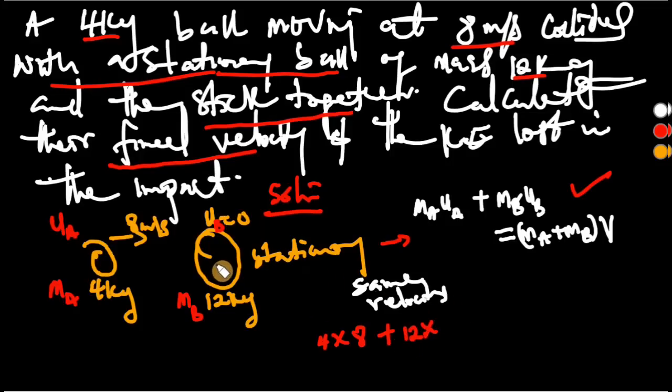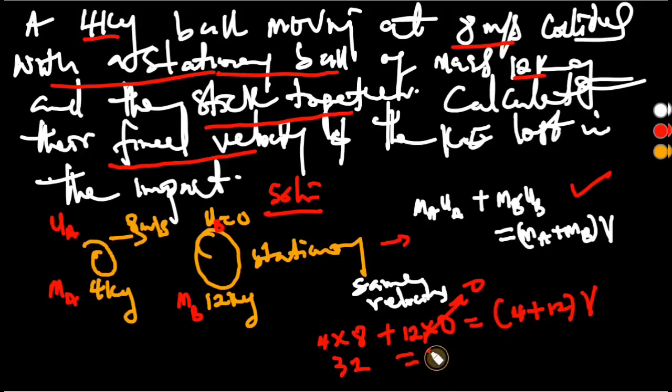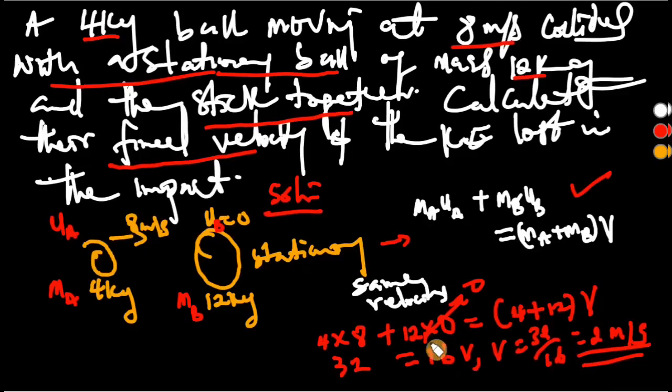Since this ball is stationary, this is 0, equals MA is 4 plus MB is 12 in brackets, times V. So 4 times 8 is 32, and 4 plus 12 is 16, so 16V. If you make V the subject of the formula, this will be 32 upon 16, and this gives us 2 meter per second. So the common velocity with which the balls move together is 2 meter per second.